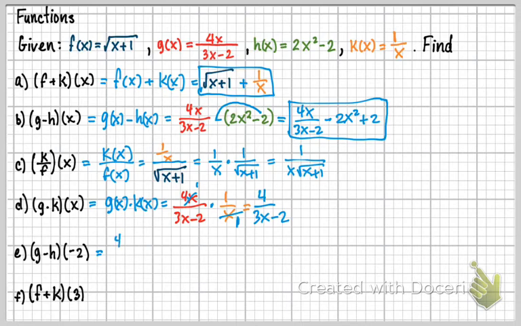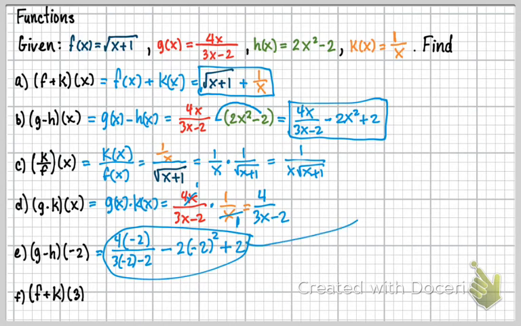So that's going to be 4 times negative 2 over 3 times negative 2 minus 2. Then I have a minus here, and this is going to be 2 times negative 2 squared plus 2. Now, if you notice, this here is the same thing as this one here, because I found that earlier. And all I did was for every x, I plugged in a negative 2. And that's what that notation tells me.